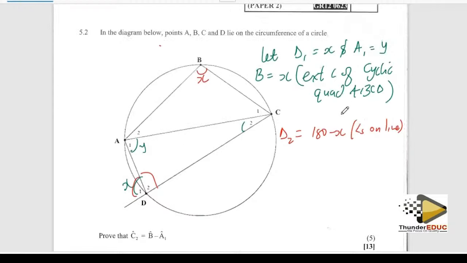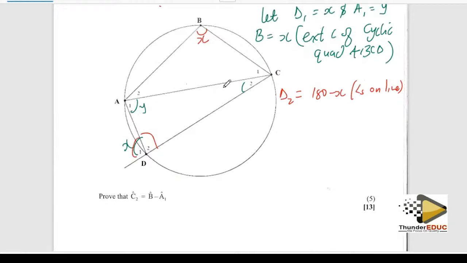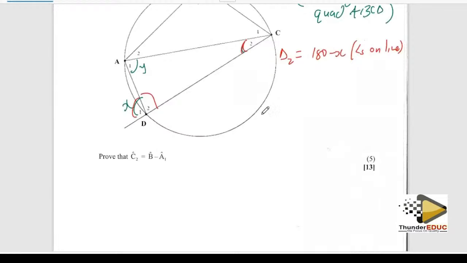Then from there, I could go on and try to find what my C2 is from the triangle. So I'll say that from triangle ACD, if I have C2 plus my Y plus my D2, which is 180 minus X, this must give me 180.